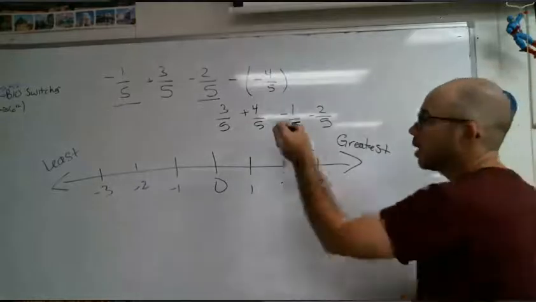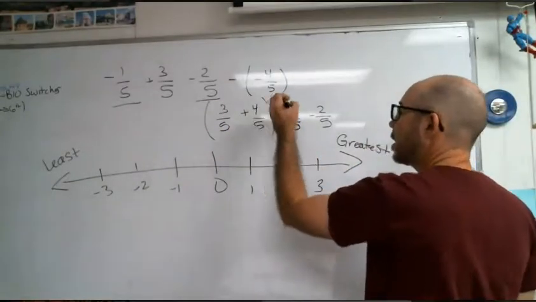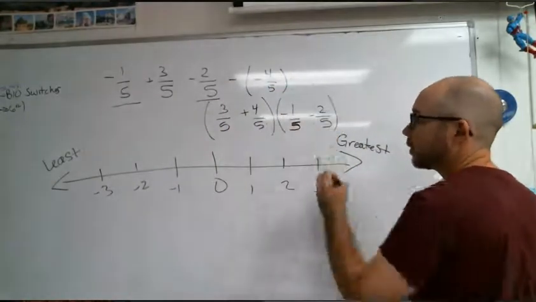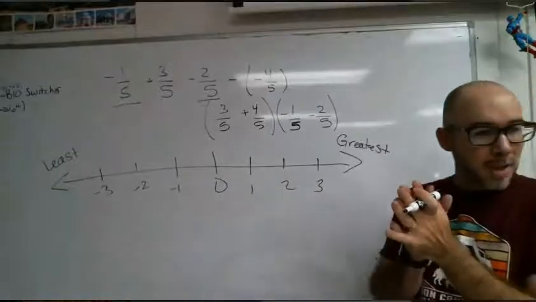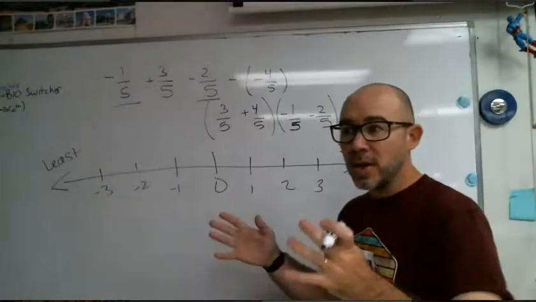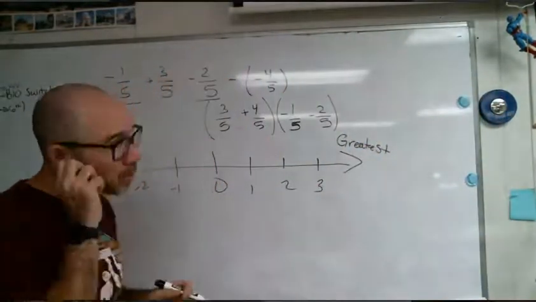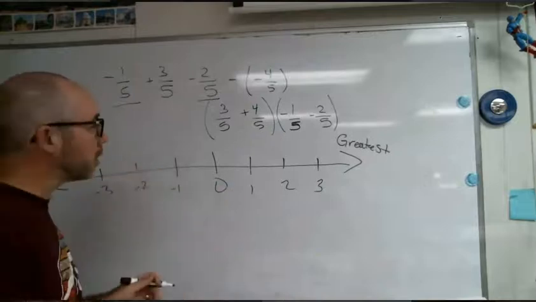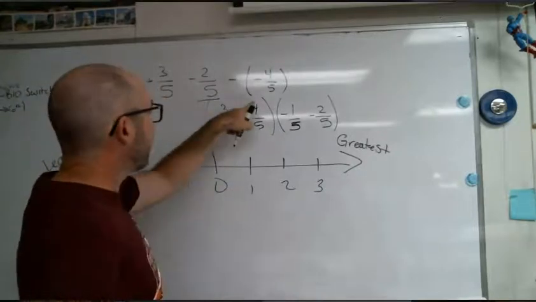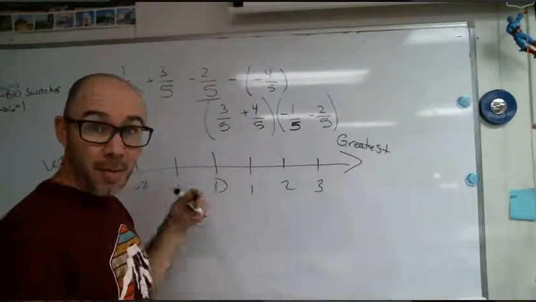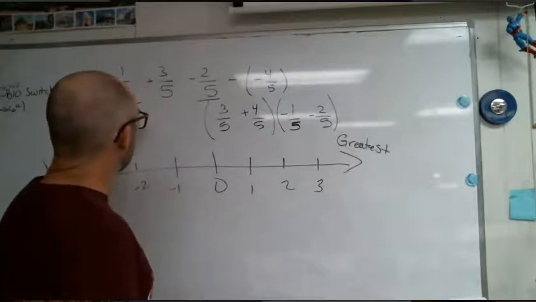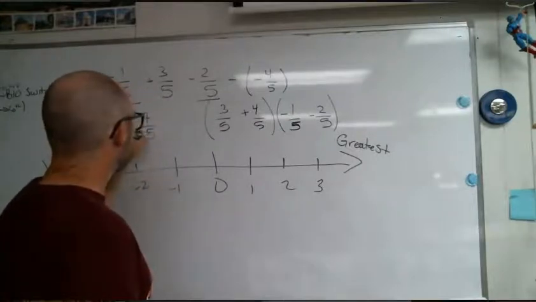Now I'm going to group them: here are my positives and here are my negatives. All I did was move the pieces around, which is totally legal. 3/5 and 4/5 make 7/5. That's just simple adding with like denominators.